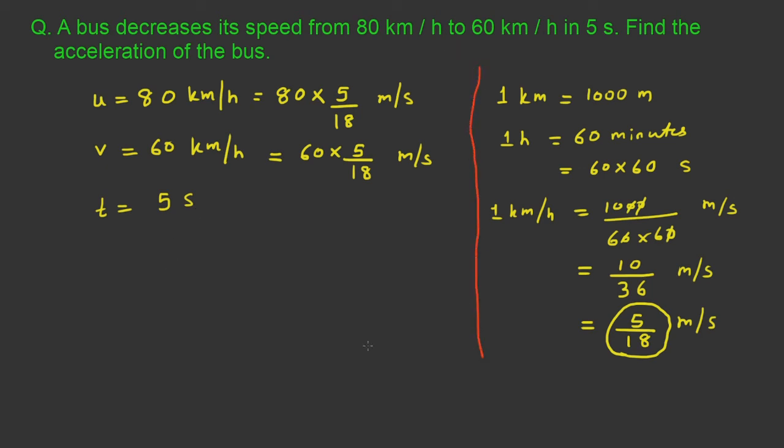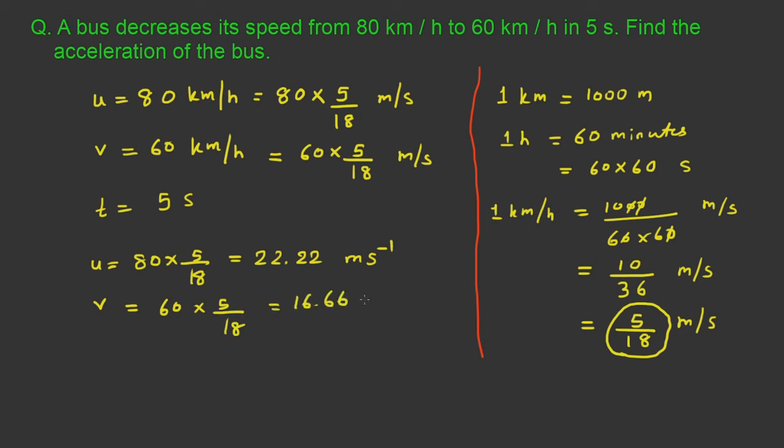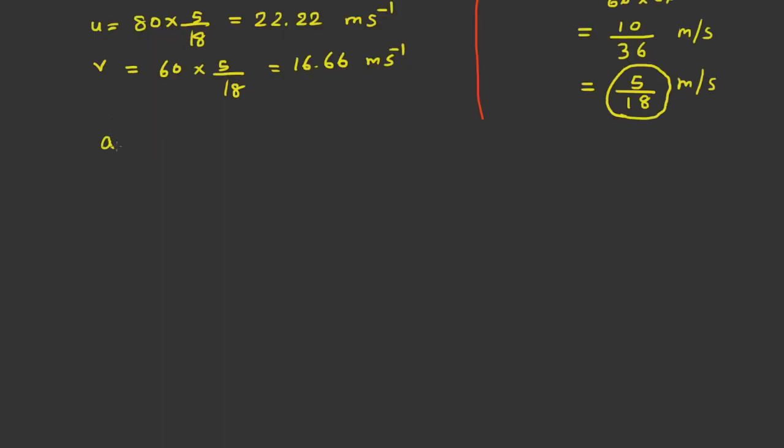So if I do this calculation, I will get u is equal to 80 into 5 by 18, that is equal to 22.22 meter per second, and final velocity is equal to 60 into 5 by 18, that is equal to 16.66 meter per second. We know the equation for acceleration is a is equal to v minus u by t.